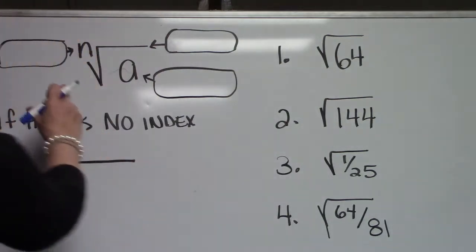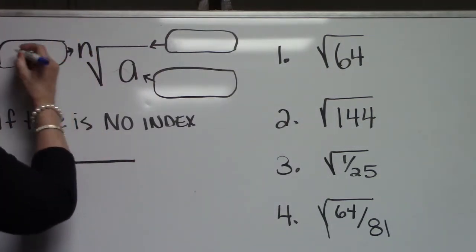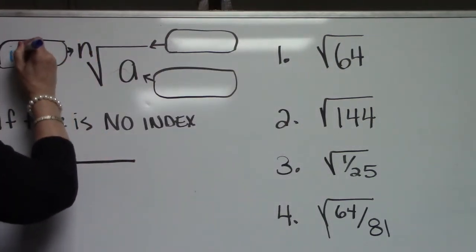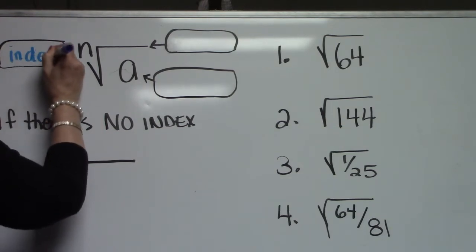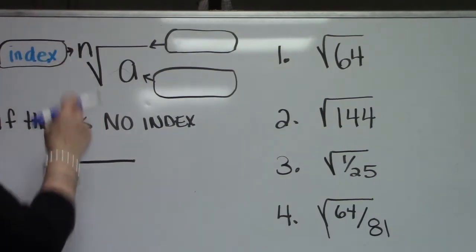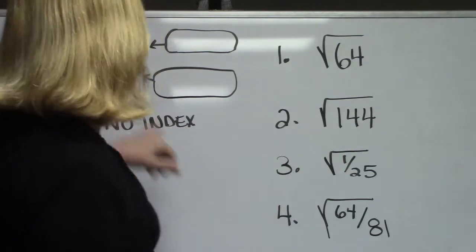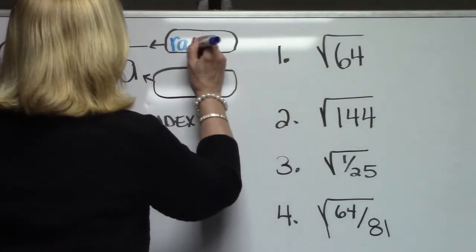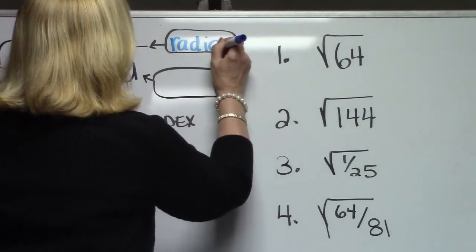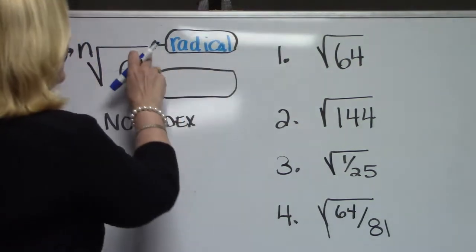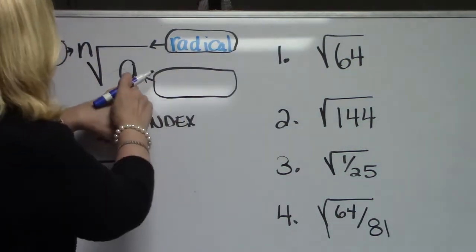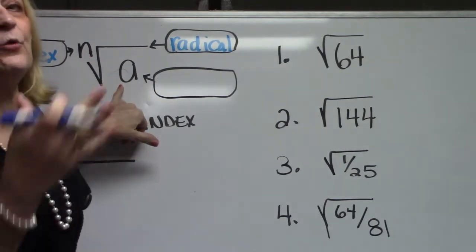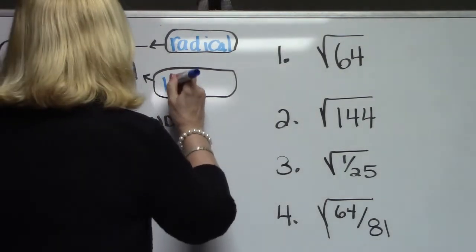This n right here is called the index, I-N-D-E-X. This sign right here is called a radical sign. And whatever is inside the radical sign is called your radicand.